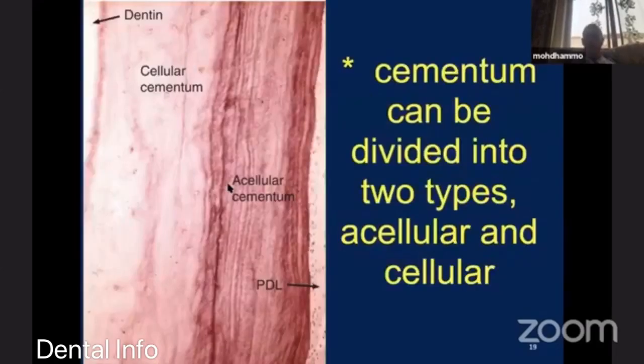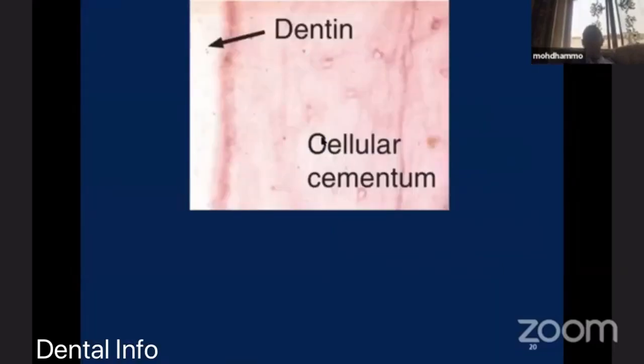Now, if we look at the cementum, it is divided into two types, acellular and cellular. So here we are dealing with dentin. Next to dentin, we are dealing with cellular cementum, then acellular cementum, then we will go to the periodontal ligament.